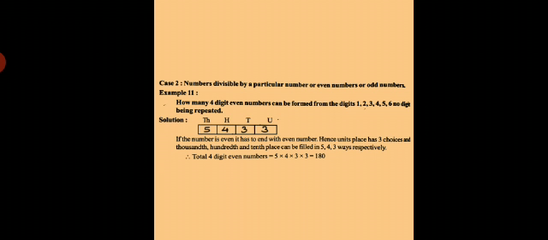In that, the even digits are 2, 4, 6. So students, do remember that whenever a condition is given like even number, odd number, multiple of 5 or ending in 0, you have to be careful about choosing the unit place.